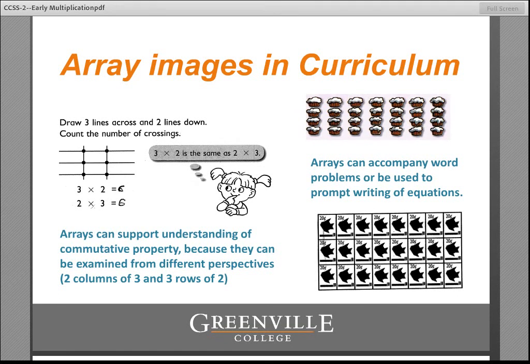It's intersecting lines. So if you have one line intersecting with one line, you only have one intersection point, 1 point of intersection, so 1 times 1 is 1. If you have 2 lines crossing one line, 2 intersection points, 2 times 1 is 2. So here you see that as an idea, and again you can look at it from more than one orientation.